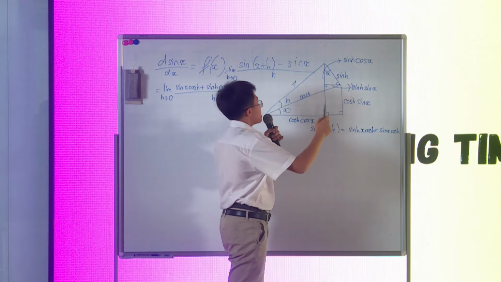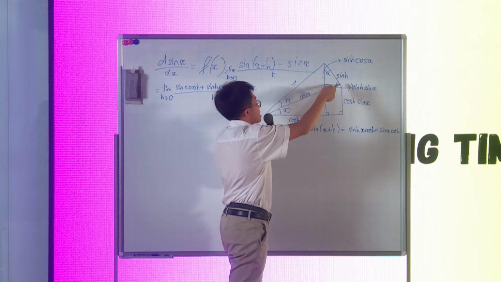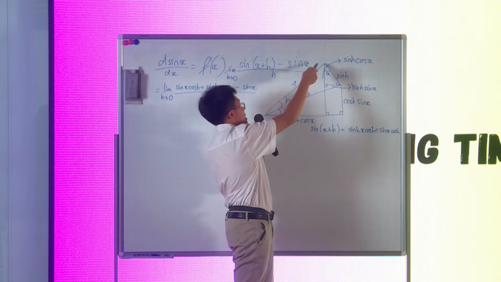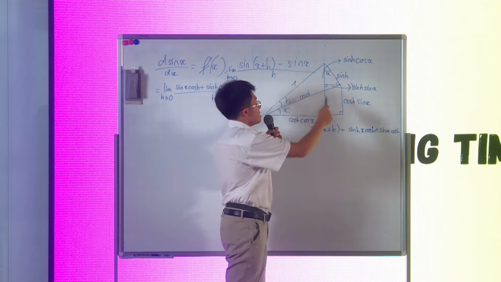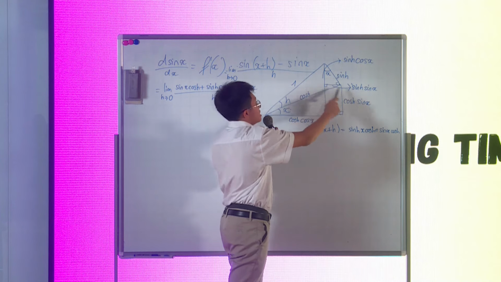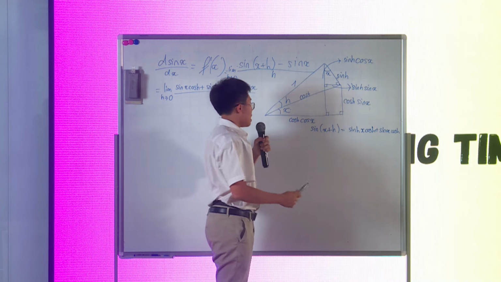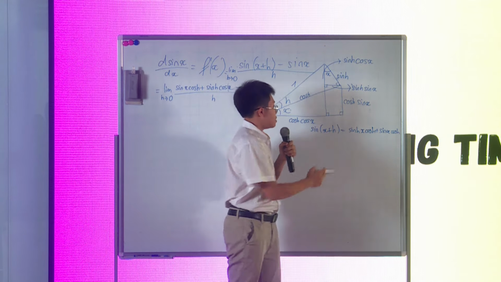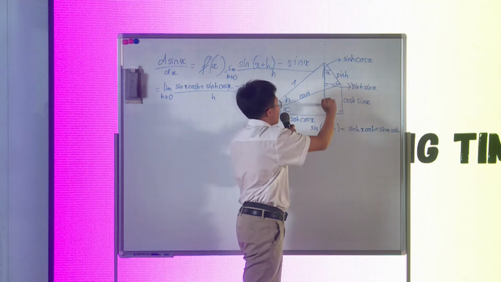So with that, we can see that this side is sine of h, which is the hypotenuse. So this side will be the sine of h times the cosine of x. And this side will be the sine of h times the sine of x. So now we have the equation for sine of x plus h, which is equal to this long side.